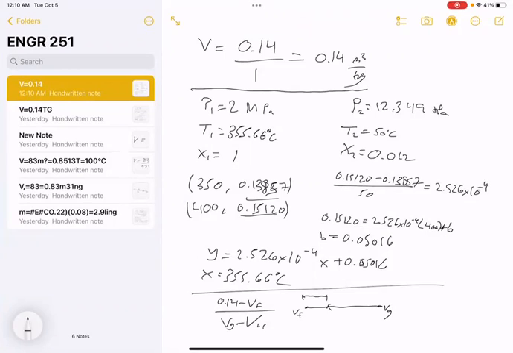We know this distance because these two values, Vf and Vg, are given in the table. We know our value because we just calculated it as 0.14. So we're just doing this here, and we find that it gives us a quality of 0.012.